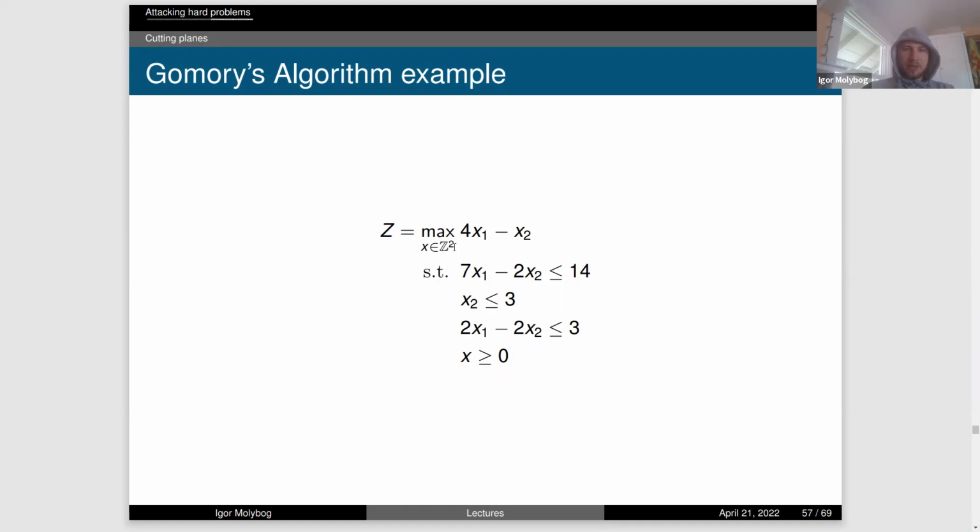Let's consider the following two-dimensional integer programming problem. We have a linear objective function and 3 constraints, and also an additional set of non-negativity constraints for the 2 variables that we have.